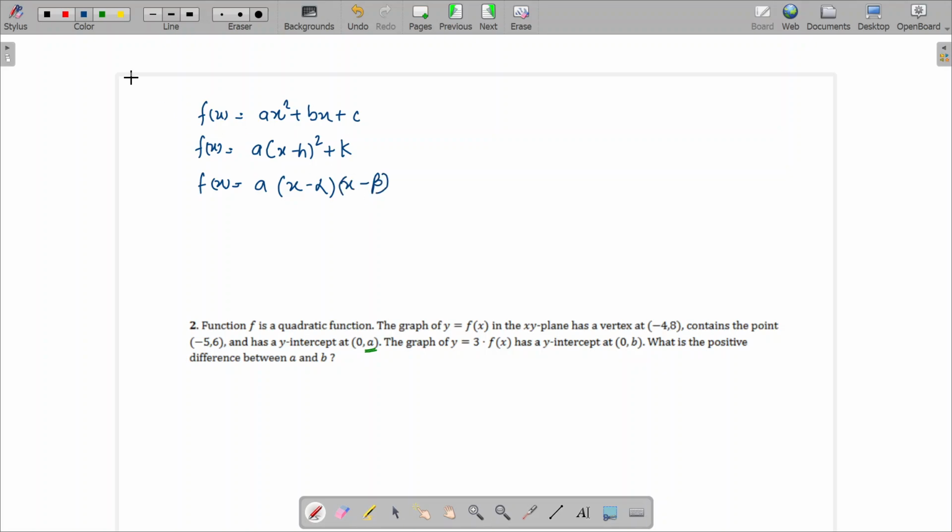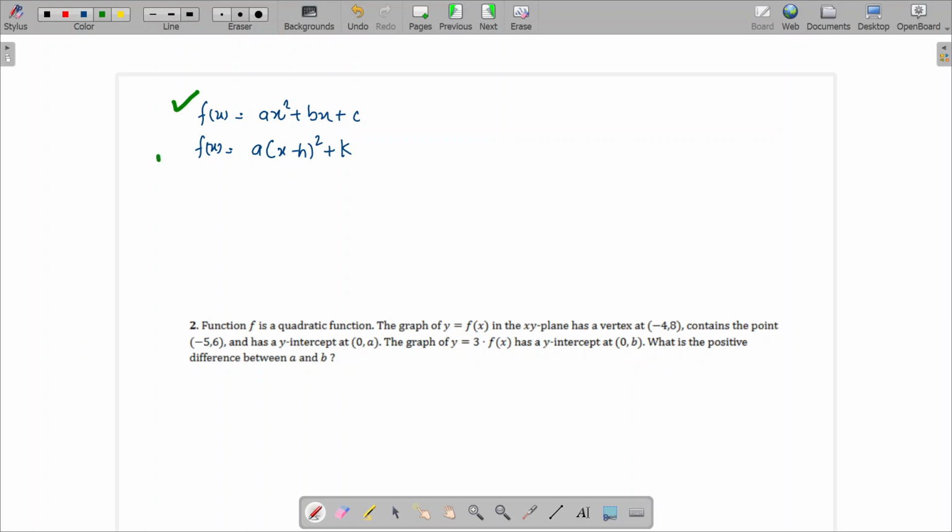We rarely find questions based on the factorized form. Majority of the questions you will see, either the function is given in standard form or in vertex form. Standard form type of question we have already done in the previous question.